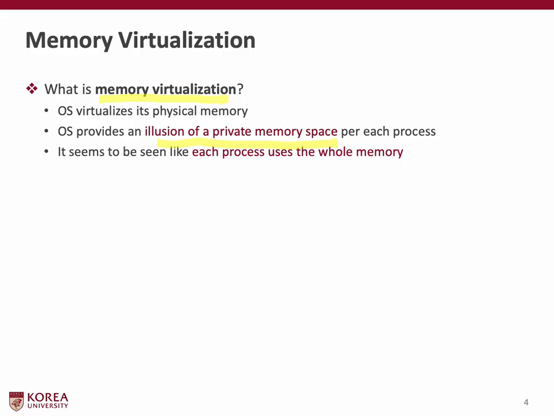This process can be executed as if it utilized the entire memory. This is the concept of memory virtualization. By doing so, we can utilize the memory resource more efficiently and allow those processes to share the memory space in a safe and controlled manner.